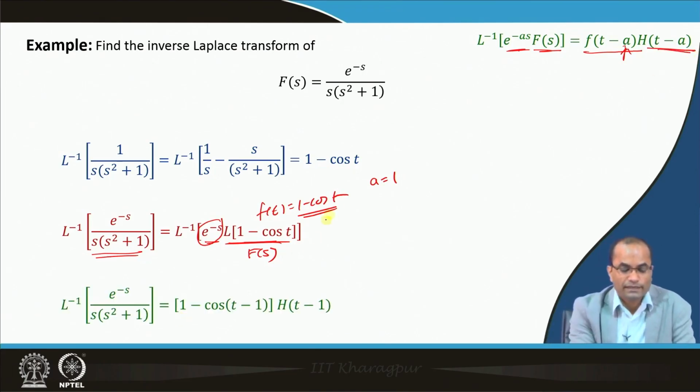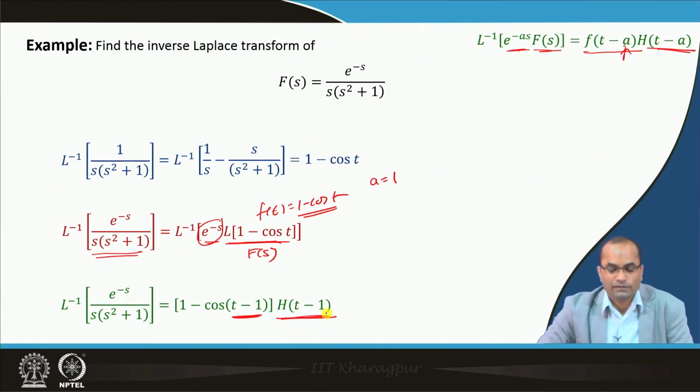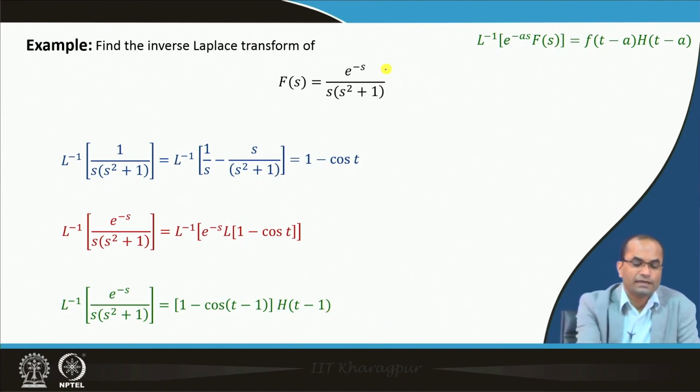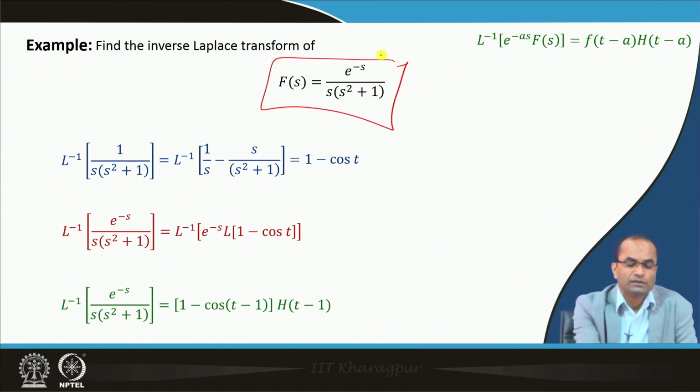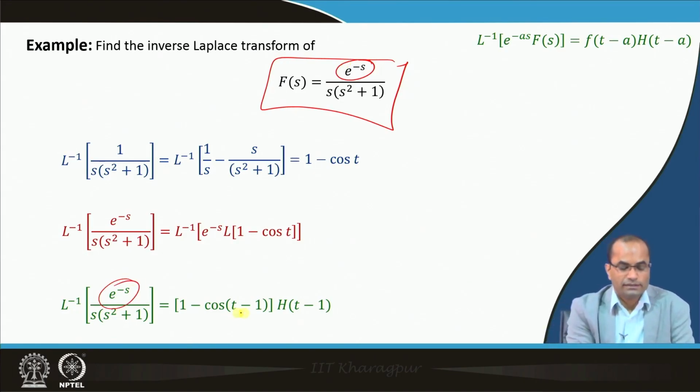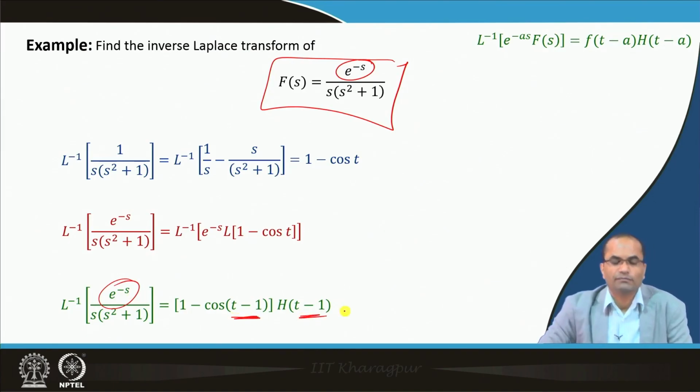So, we have 1 minus cos t, with t shifted by 1, so t minus 1, and then the Heaviside function h(t minus 1). So, using this second shifting property, we can now deal with such functions where e to the power minus s is appearing in the multiplication. This e to the power minus s is handled by the shift t minus 1 and multiplied by h(t minus 1).